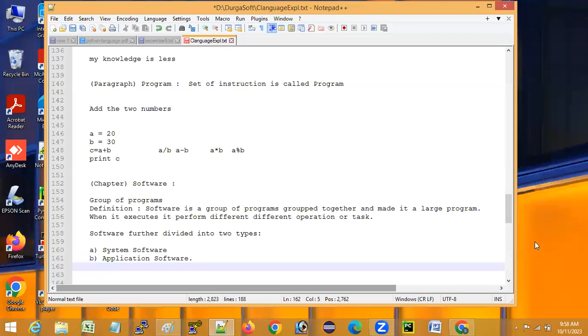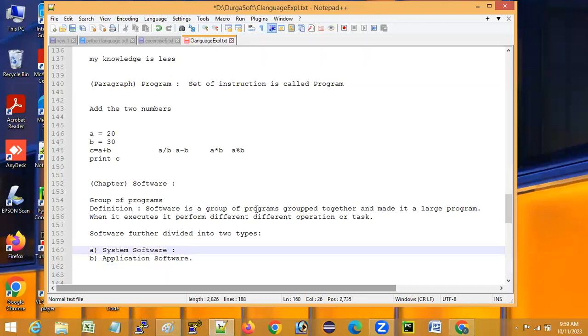To run your computer properly, to function your computer properly, to operate your computer properly, we require some sort of program. Those are called system software. Is it clear, guys? What is that system software?